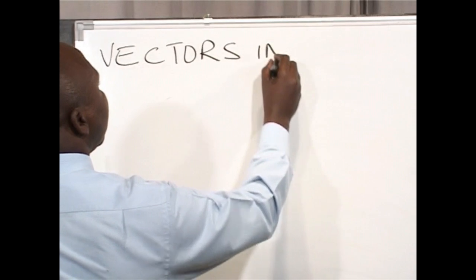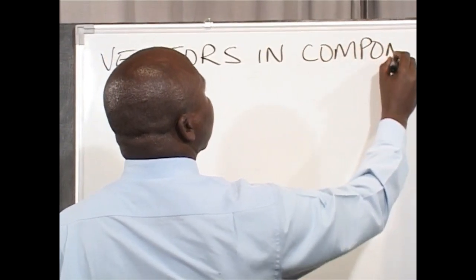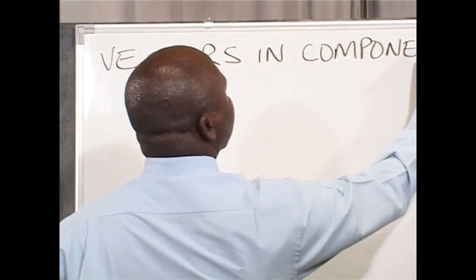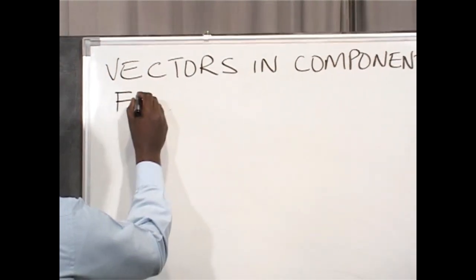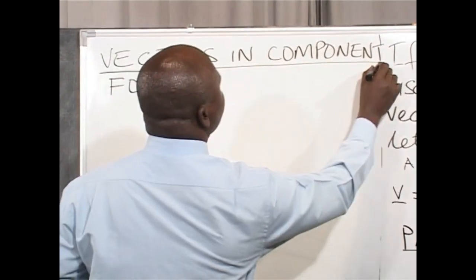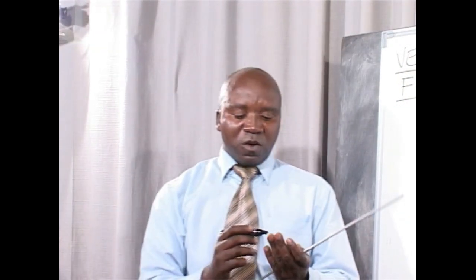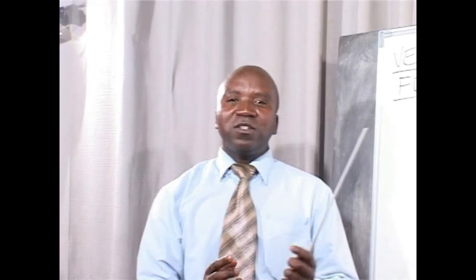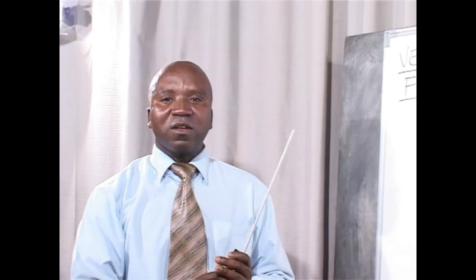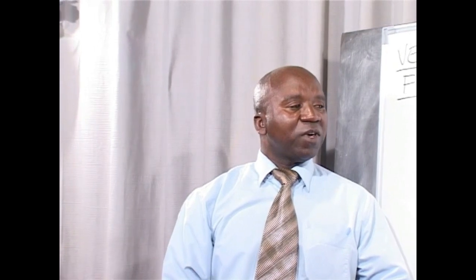Vectors in component form. A vector written in component form is usually just known as a column vector. When you write a vector in component form, the way we wrote vector V, this form of a vector is known as just a column vector.